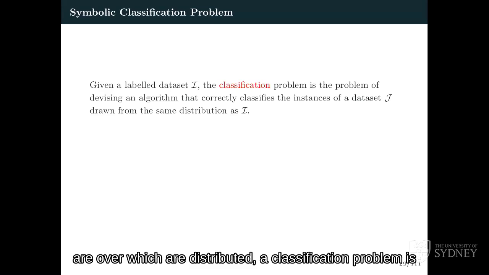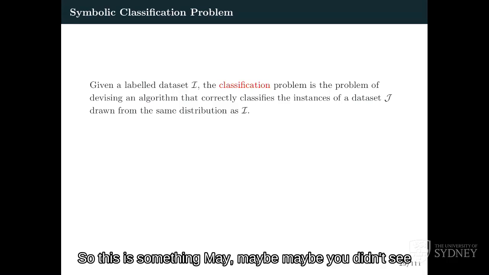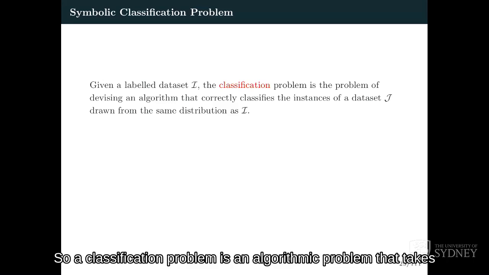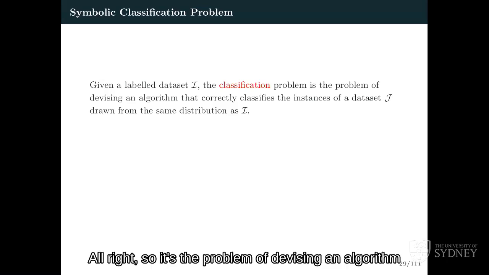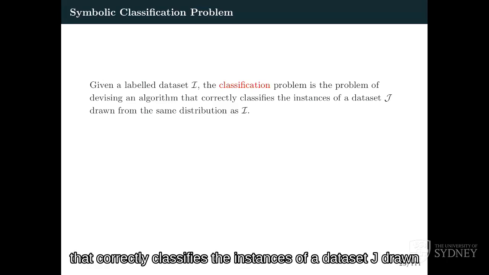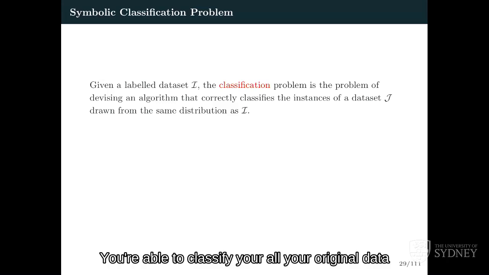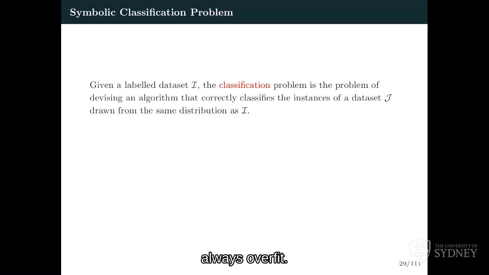A classification problem is the problem of devising an algorithm. So this is something maybe you didn't see before like this. A classifier is an algorithm itself. So a classification problem is an algorithmic problem that takes something and gives you another algorithm. All right? So it's the problem of devising an algorithm that correctly classifies the instances of a data set J drawn from the same distribution as I. It doesn't matter whether or not you're able to classify your original data set, because you can also always overfit.